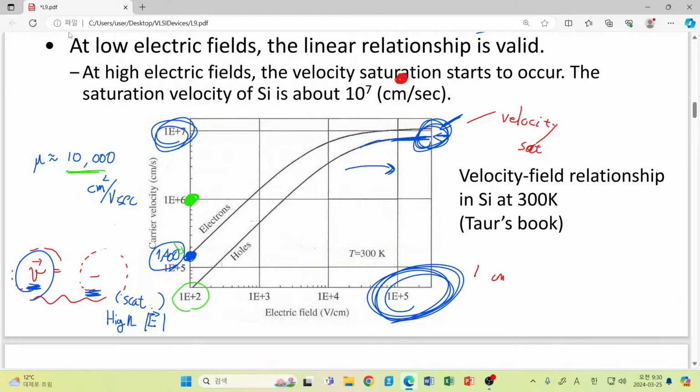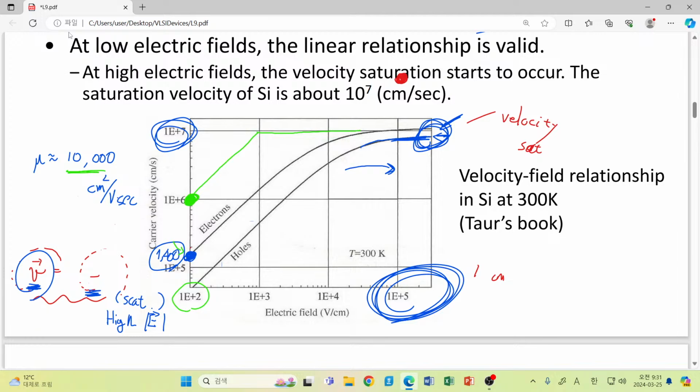Let's assume that although we have quite high mobility, the saturation velocity is still 10 to the 7 centimeters per second. Please try to draw it. Then what you can understand is its behavior will just follow this. Of course, not exactly piecewise linear, but roughly we will have this kind of behavior.